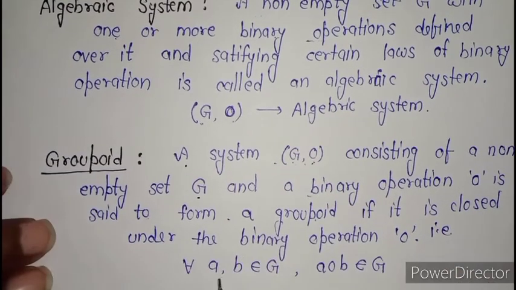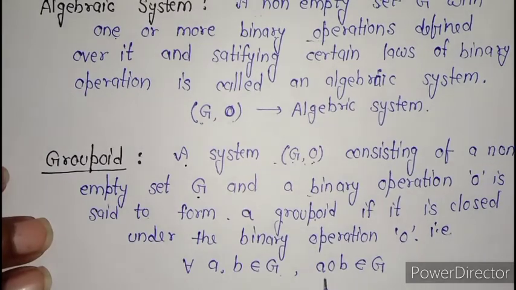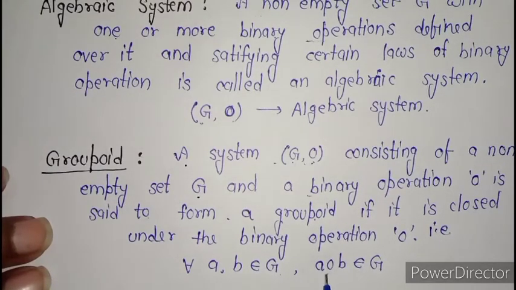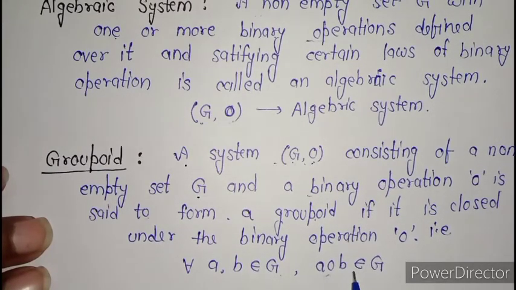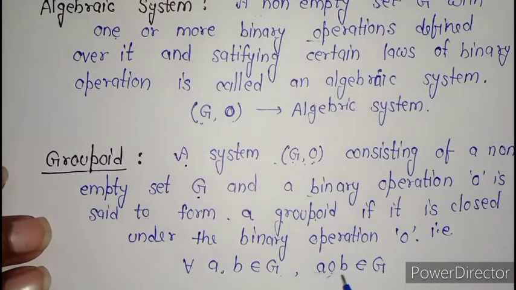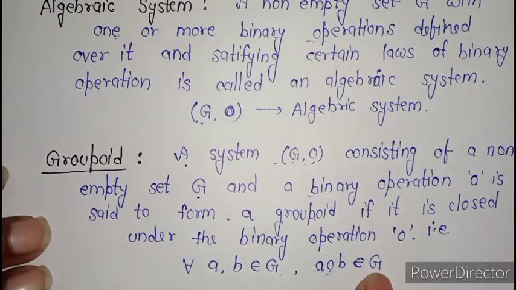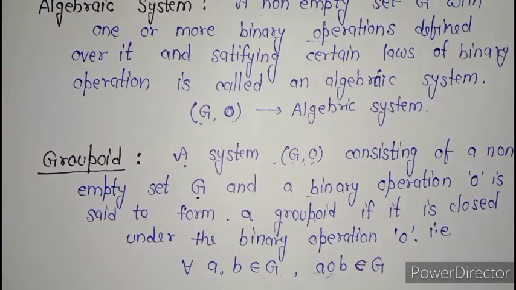So if I take two elements of G and apply the operation over those two elements, then we again get an element of G. This symbol represents belongs to. It represents that the element which is here is an element of G again. I will take some examples to show what it is saying.